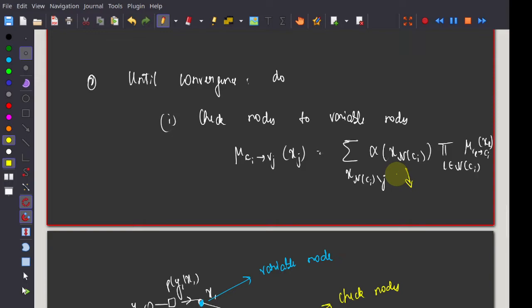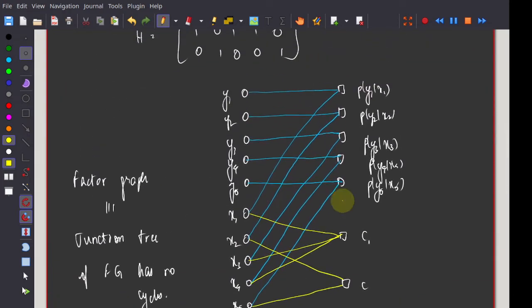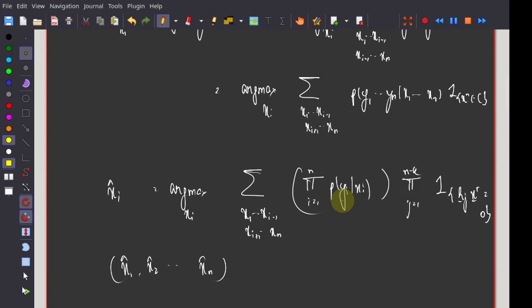So what does it look like? But P(yi | xi) does not correspond to the check nodes, right? That's not the local function. What is the local function corresponding to the check nodes?